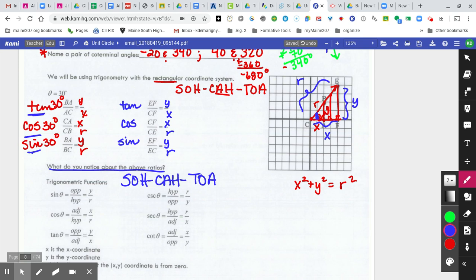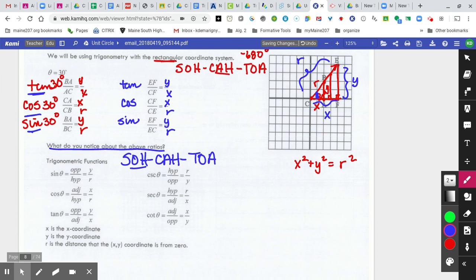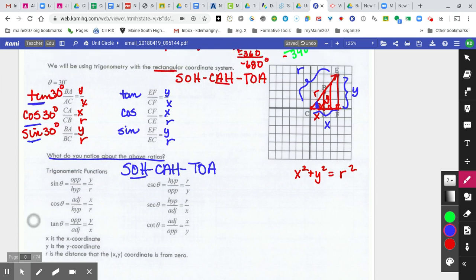So you have a couple of ways to remember this: it's either y over r, or you think opposite over hypotenuse. The cosine is the adjacent over the hypotenuse, so it's an x over r. Do you see where we're getting these ratios from? And the last one, the tangent of theta, is opposite over adjacent, so that's where we get the y over the x.